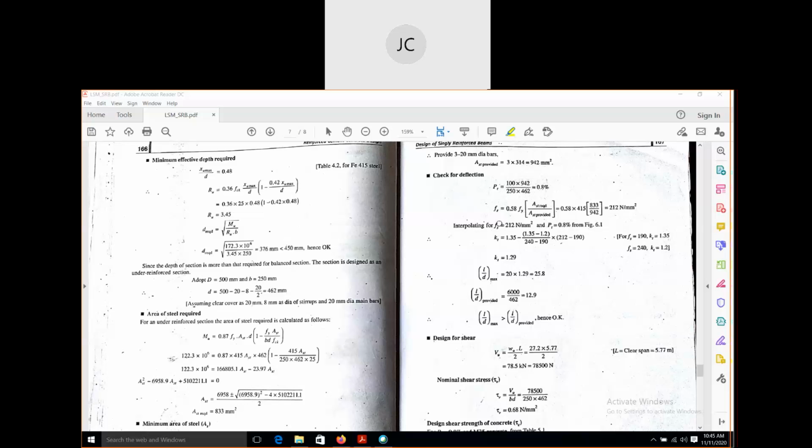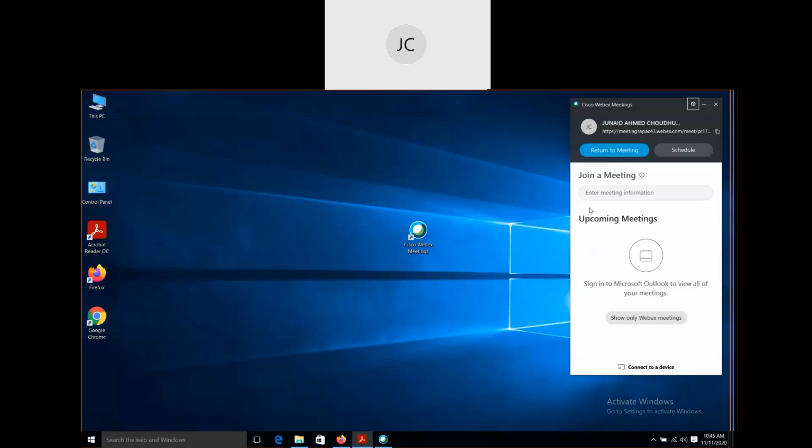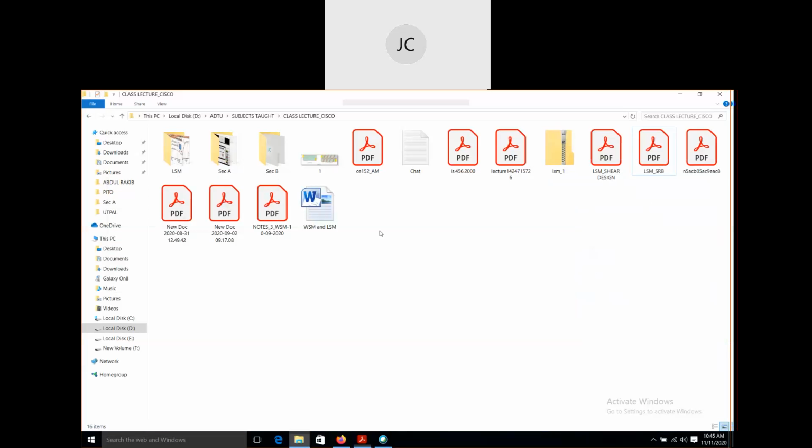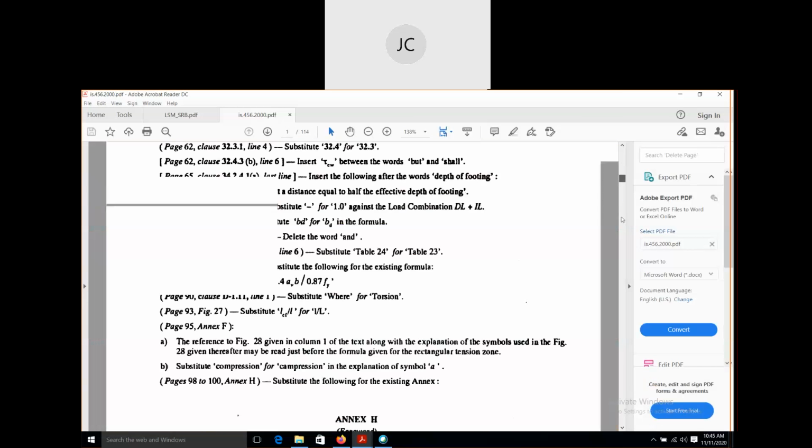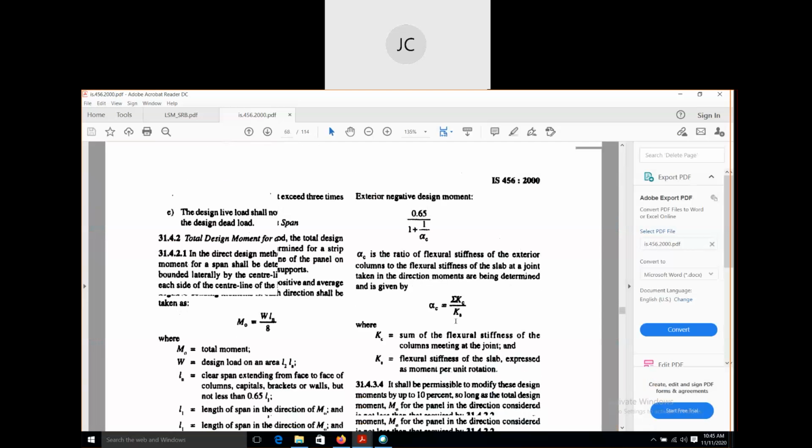Okay, so next we have to find out this Fs. What is this Fs? For finding out this value, we have to go through IS 456. All of you go to clause number, I think 20.